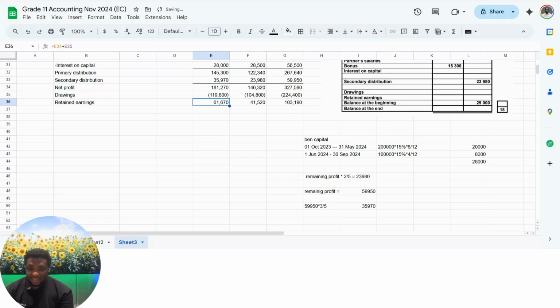So basically that means that from this year's profits versus the drawings that each partner made, they've managed to retain 61,000 for one partner, another partner 41,000, but in total they've retained 103,090. All right, and then after that we go with the balance at the beginning.